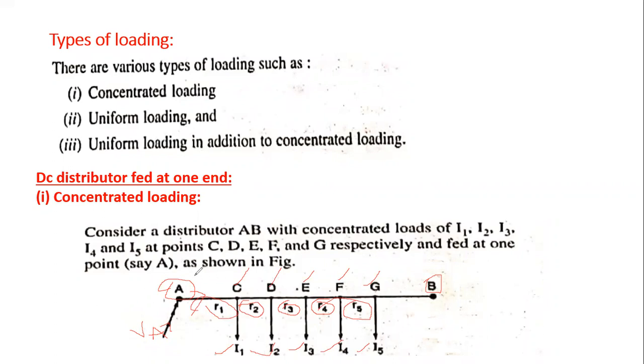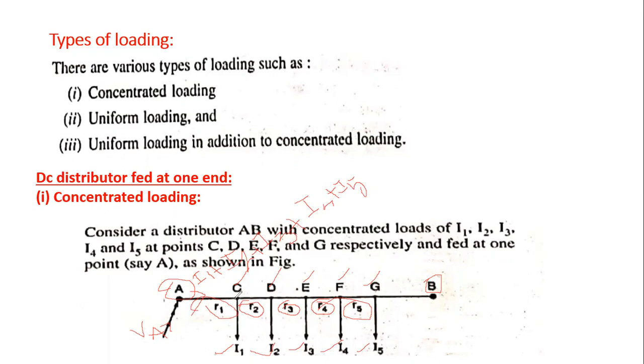The total current at this point means I1 plus I2 plus I3 plus I4 plus I5. This is the current at point A.